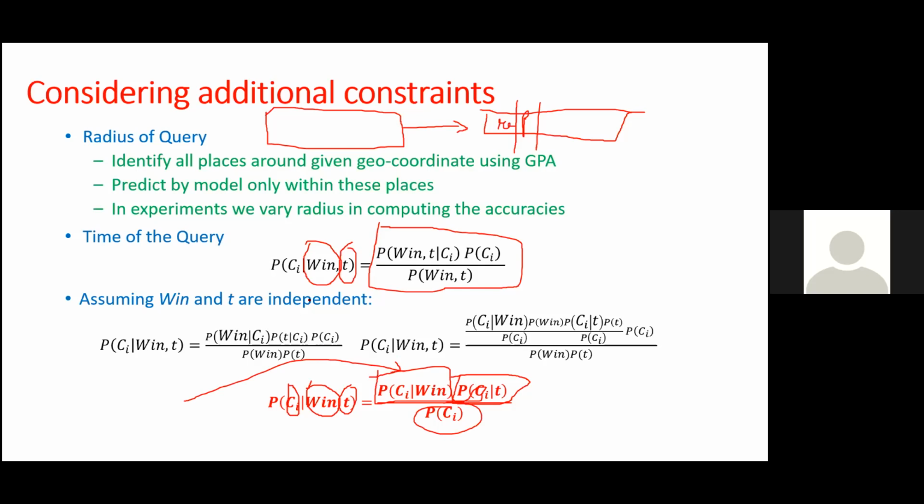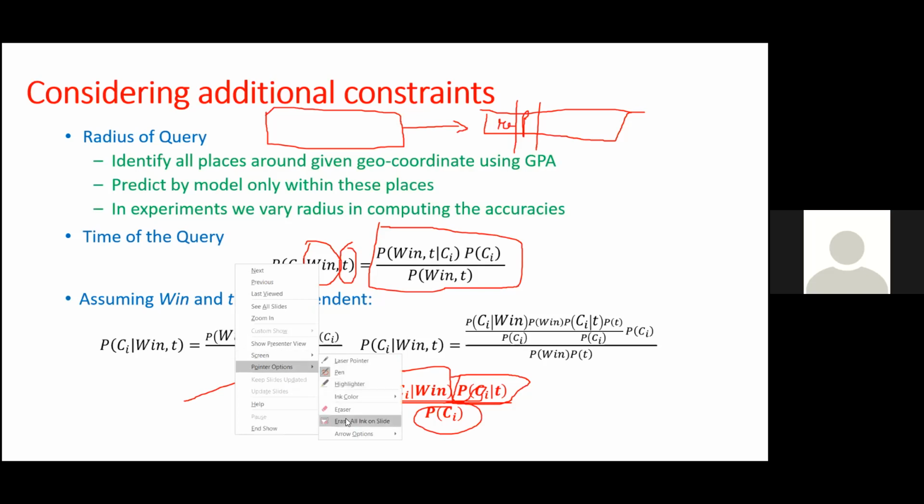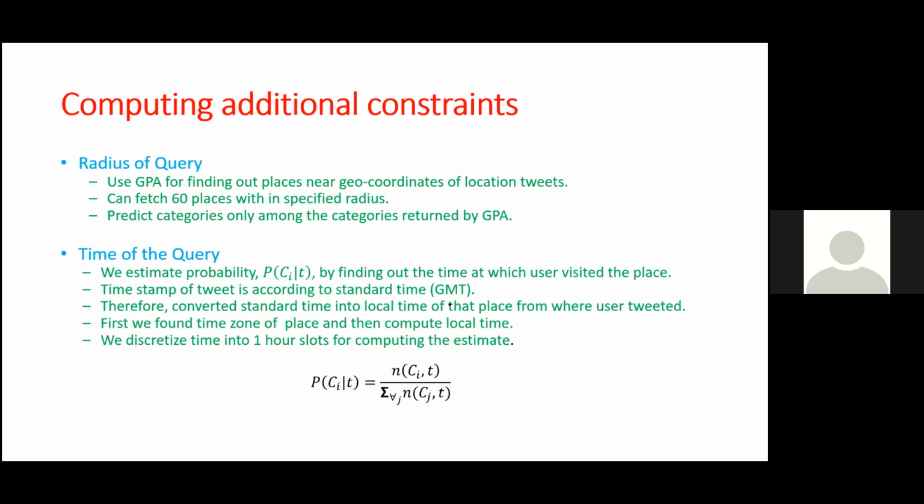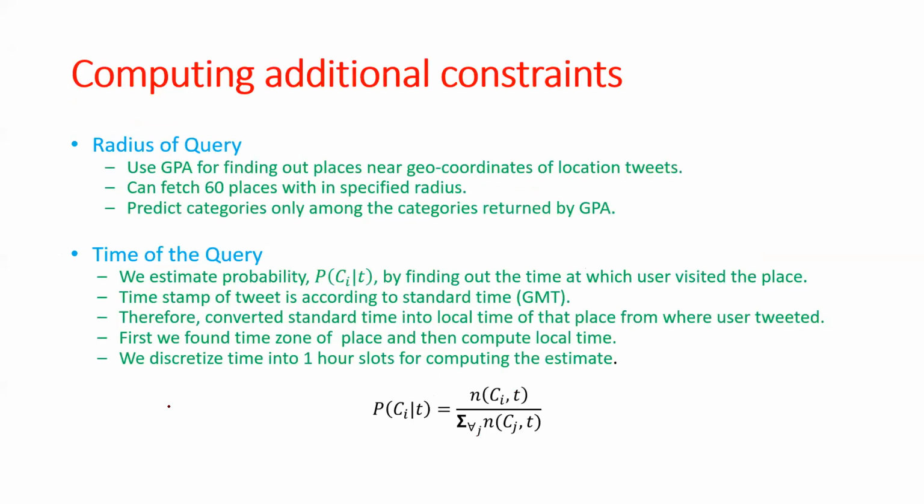The second part is this time where you can go. This is also like in the morning you can go to a park, or in the evening you can go to a pub. So this is a probability of a category at a given time. How can you estimate it? What we did, we took every given hour of time, right? So we divided time into 24-hour slots.